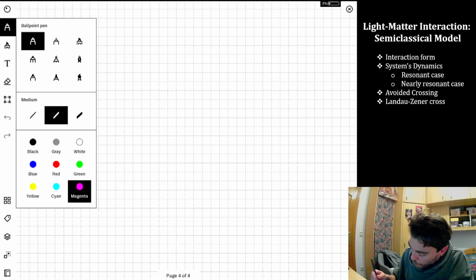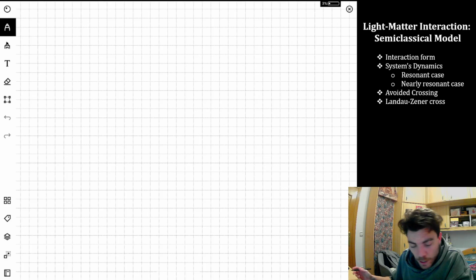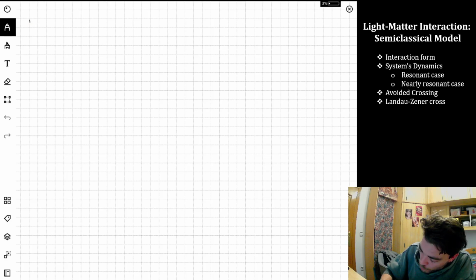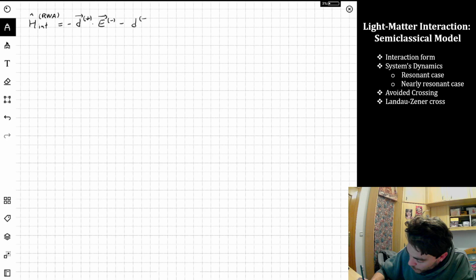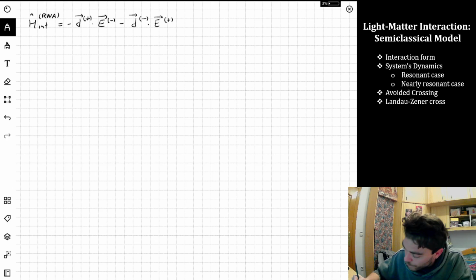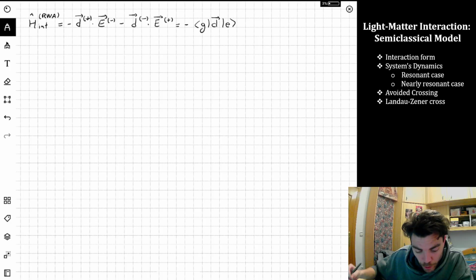But now if we actually apply the rotating wave approximation, so we discard this term, we come back to our interaction Hamiltonian, with the rotating wave approximation, but I'm not going to specify it anymore in the following. And now it is d plus e minus, but we have expressions for d plus and e minus, and the opposite, d minus e plus, and well, this is going to be g dE from before.